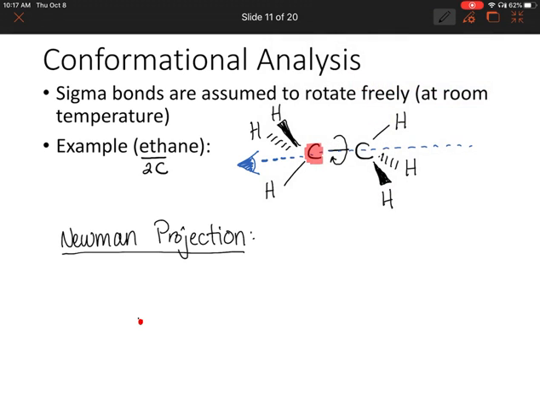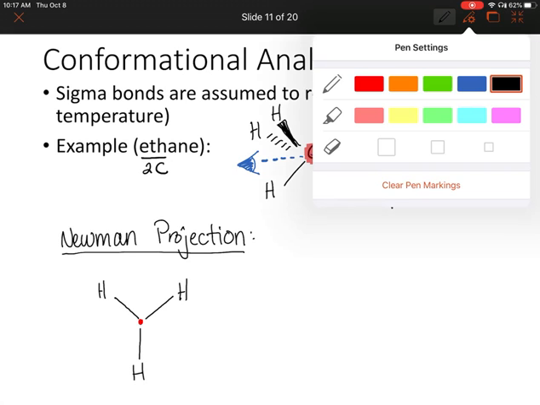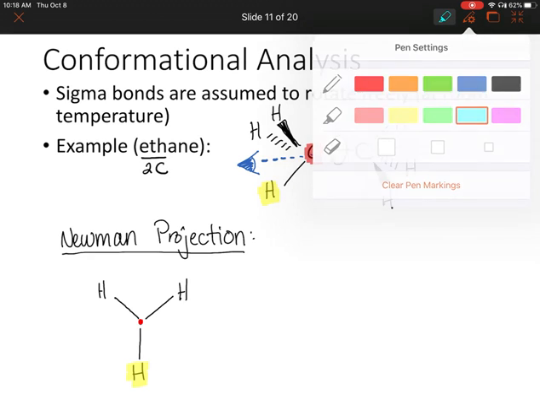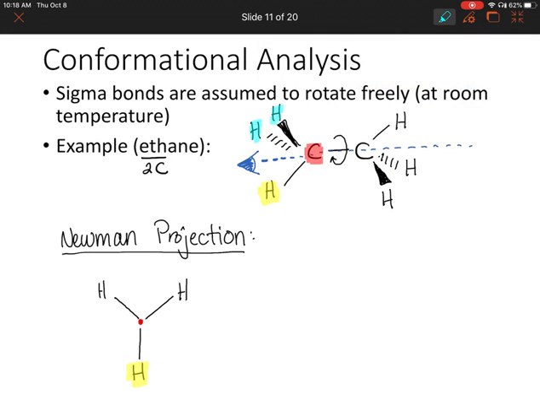We're going to draw the hydrogens on that carbon. And let me highlight which hydrogen is which. So the hydrogen below carbon up above is again below carbon down below. And then the 2 hydrogens up above that carbon are up above.